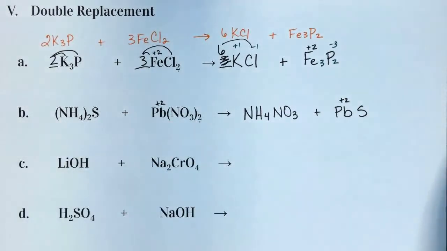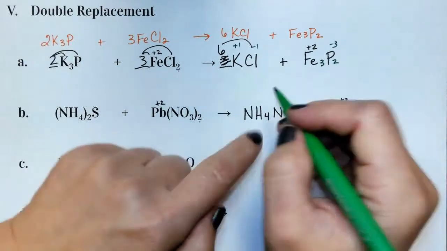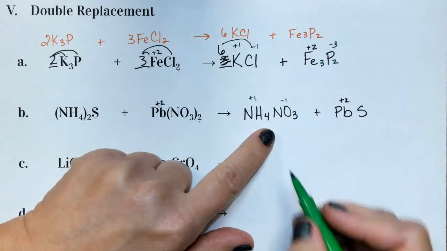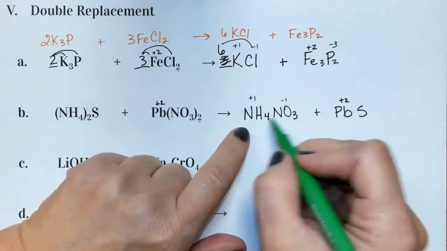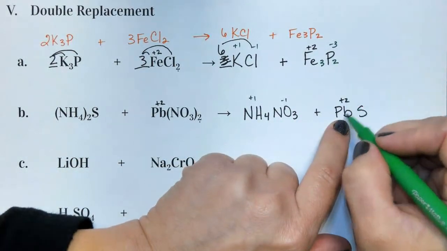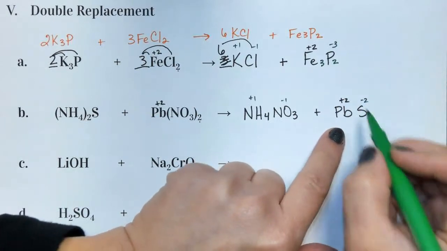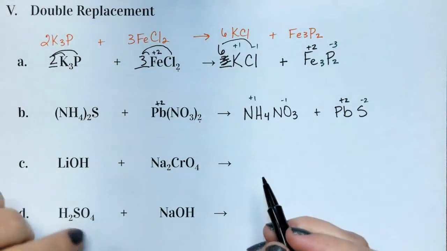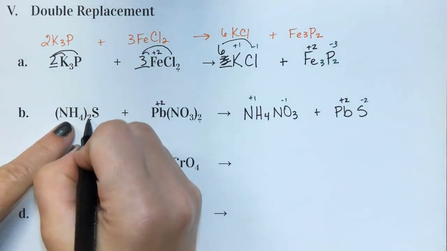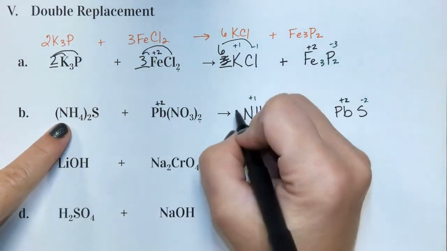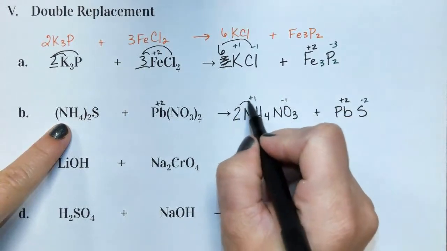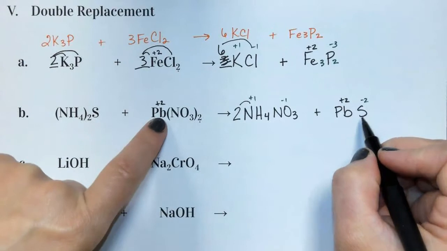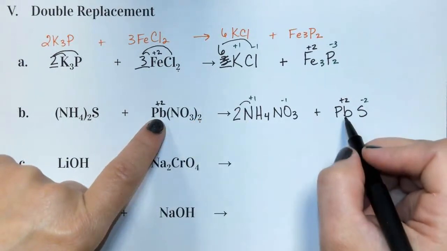Now we need to balance the charges on the right side. So ammonium has a charge of +1, nitrate has a charge of -1, those will cancel, I just need one of each. Lead 2 has a +2, sulfide is a -2, those cancel, so I just need one of each, and now we'll balance the coefficients. There are 2 ammoniums on the left, so I need 2 ammoniums on the right. 1 sulfide on the left, 1 sulfide on the right, 1 lead on the left, 1 lead on the right.